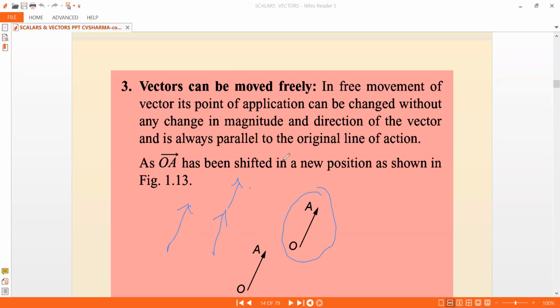I want to show this one especially. Suppose you have 3 vectors like this, R1 bar, R2 bar, R3 bar. Now I want to make a triangle out of them.